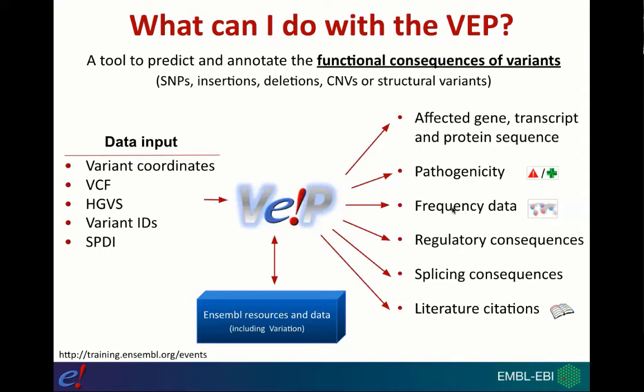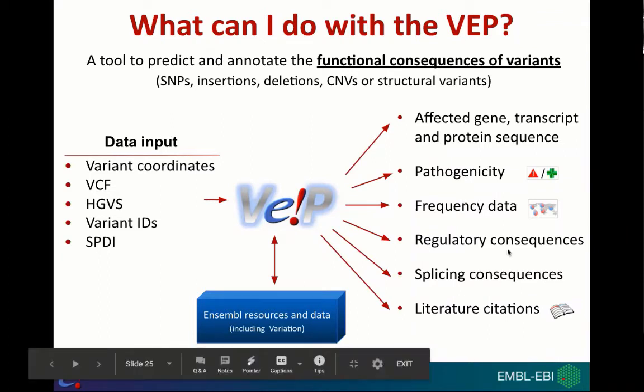One of the other things that you can do is you can ask the VEP to see if any of the variants that you have input in the first step match to any of the variation data in the Ensembl databases. So if the variants are known, or if they're novel. If the variants are known, it means that the variant that you've inputted matches up with one of the variants in the Ensembl database, and therefore you can retrieve things like frequency data and literature citations as well.